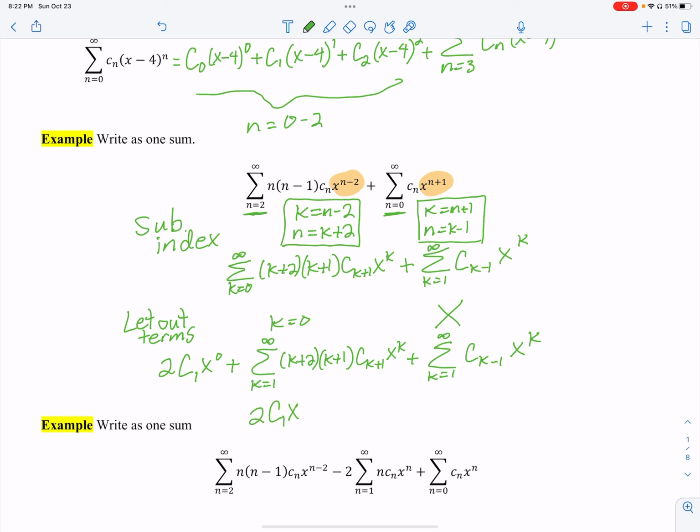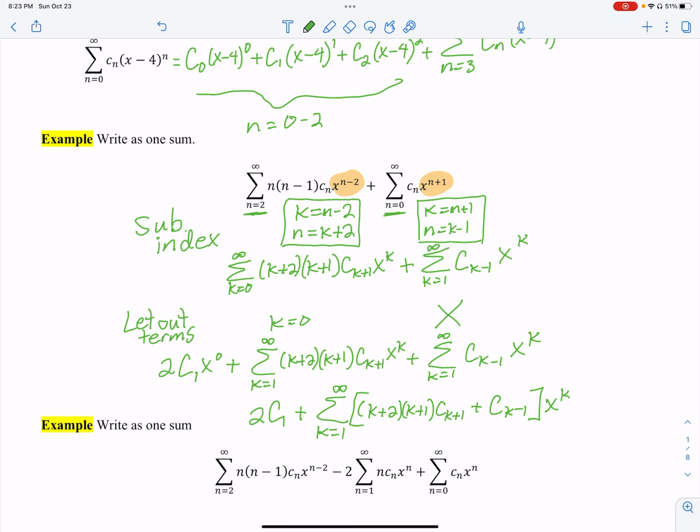So I got c1 x, or it was x to the 0, so it's gone. Plus, now I can write those two under one summation. And I got k plus 2 times k plus 1 times c, k plus 1, plus, and then it's the other one, c, k minus 1, and all this now is times x to the k.